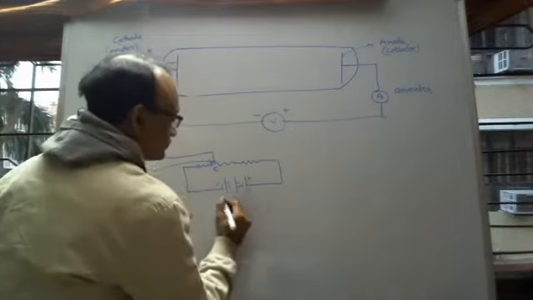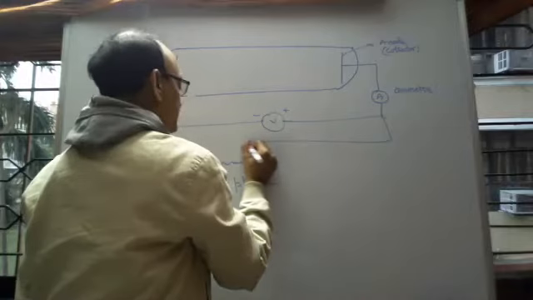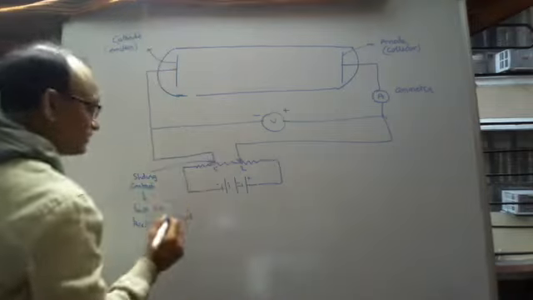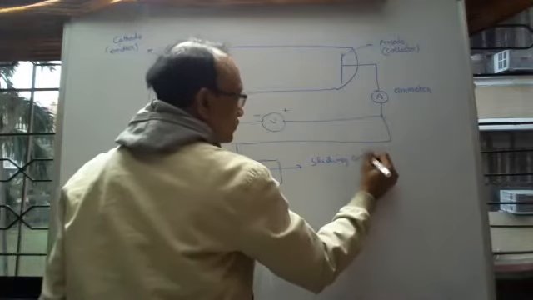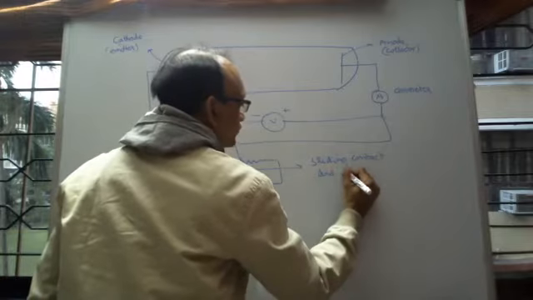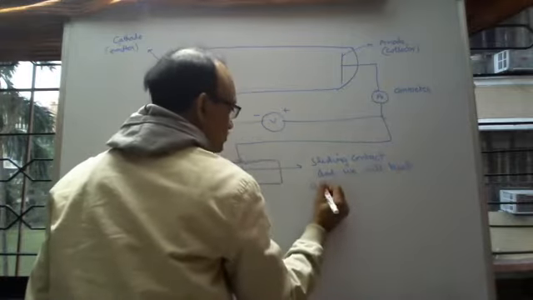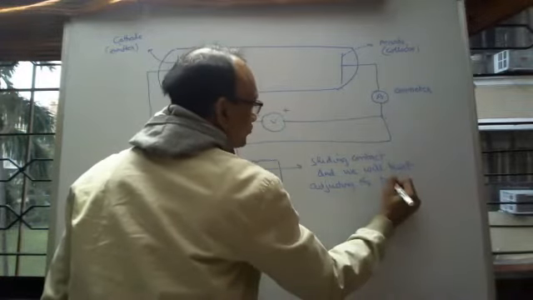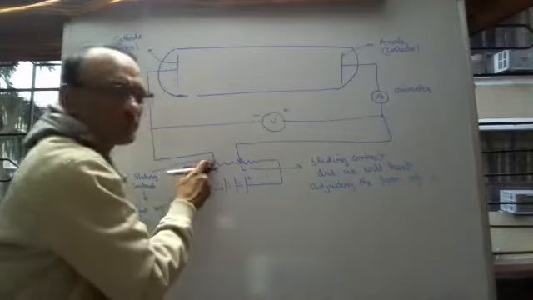This is a battery, and this plate is connected to another sliding contact L. We will keep adjusting the position of L. I will not move C for convenience.